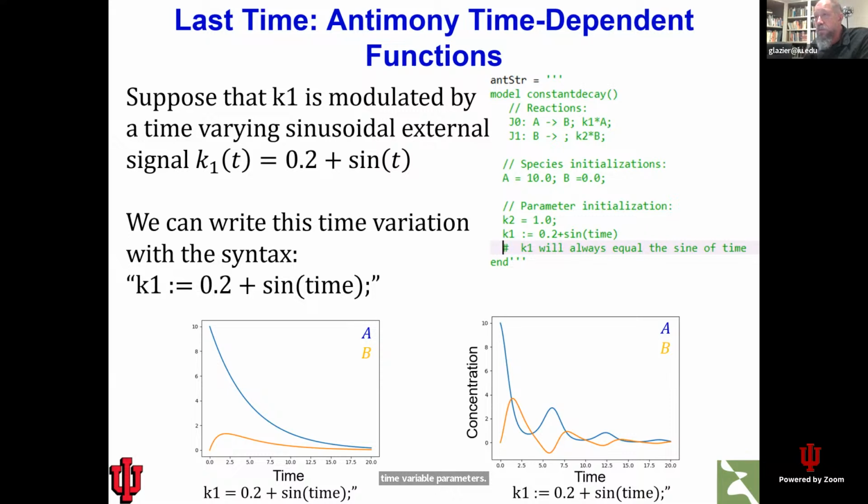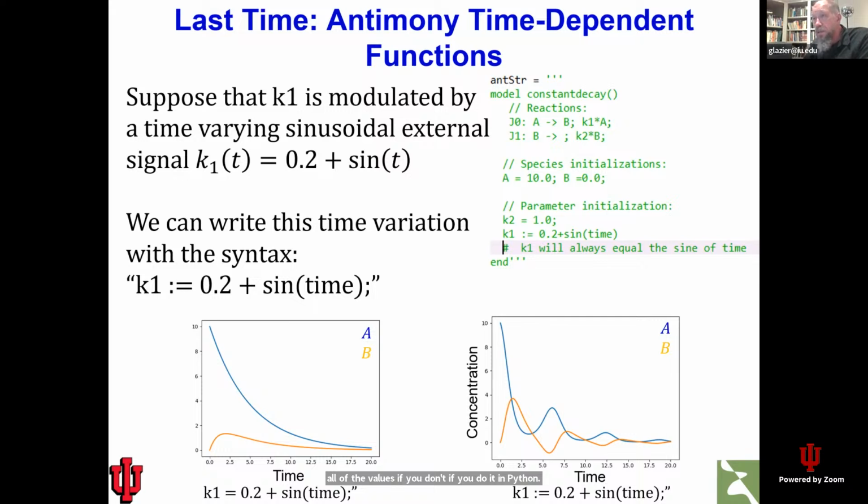And that is because equal signs like K2 equals 1 are only evaluated when the antimony string is parsed. And so if you have cascades of K1 equals K2 times 2, K3 equals K2 times 3, K4 equals K3 times 2, and you change the value of K1, that won't actually update all of the values if you do it in Python. So the colon equals will do that for you.